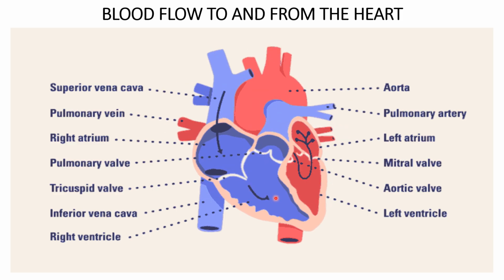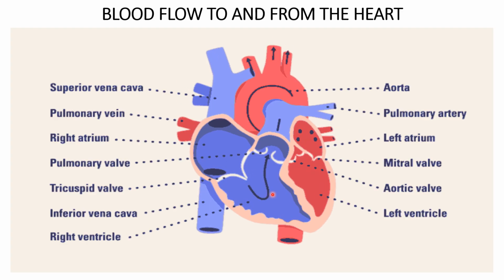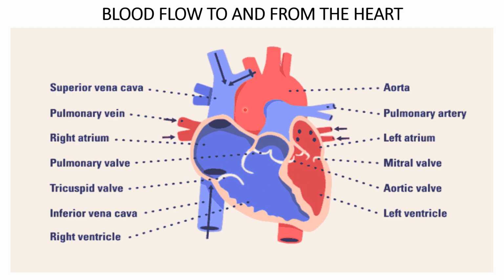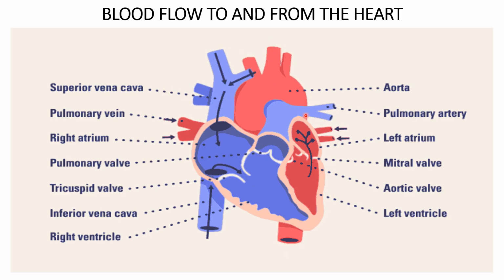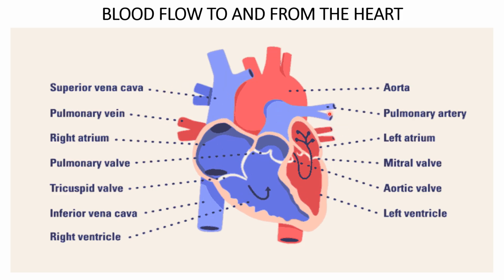One carries impure blood or poorly oxygenated blood from the right ventricle to the lungs through this pulmonary artery. Pulmonary artery, which you can see divides into 2 or many branches, some branches going to left lung and right lung.